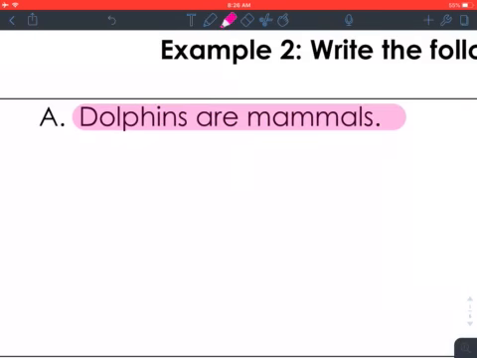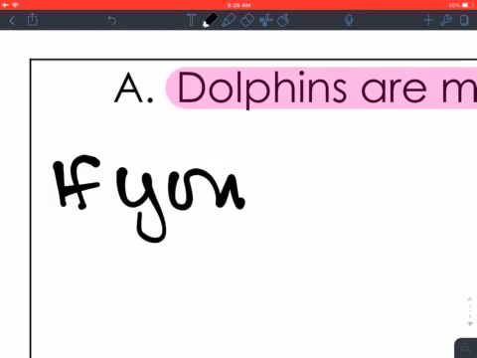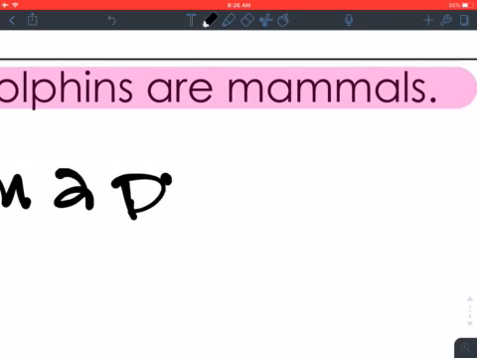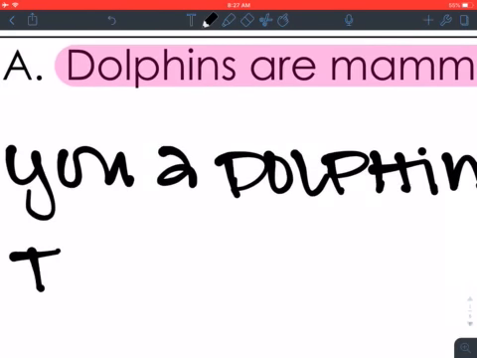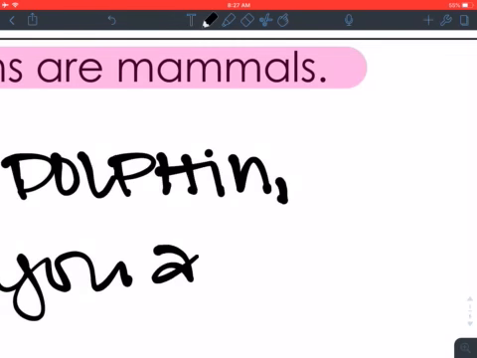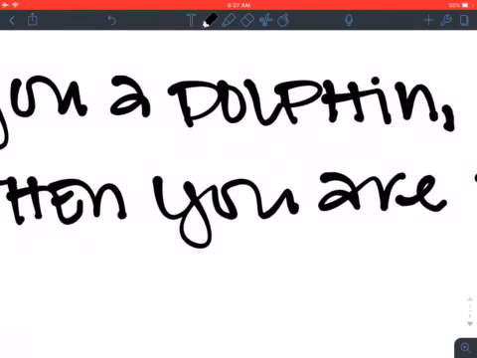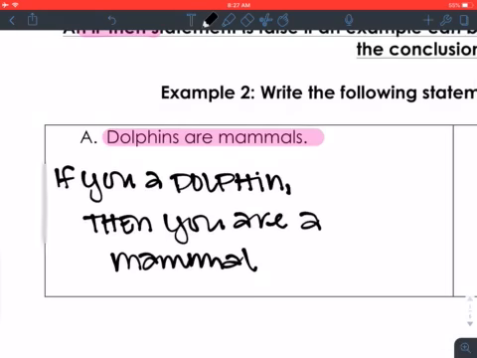Warm-blooded isn't anywhere inside this original statement, so we can't put it into our conditional. So the way that we would write it is if you are a dolphin, then you are a mammal. Okay?